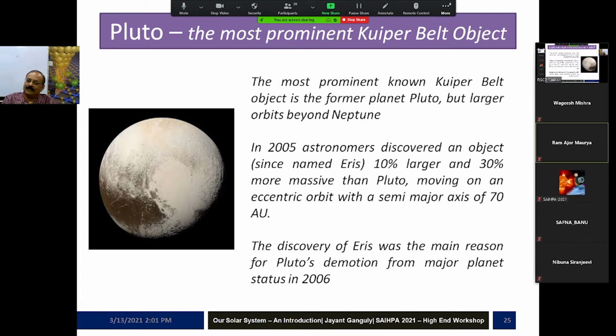Pluto is most prominently a Kuiper belt object, but since it has a position in our solar system, it is classified as a Plutoid. There are objects, mostly bigger than Pluto, beyond Neptune in the Kuiper belt.